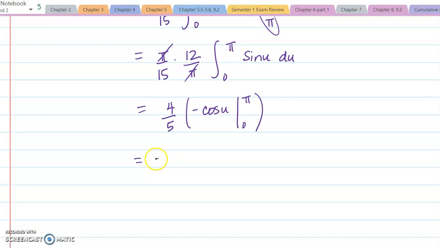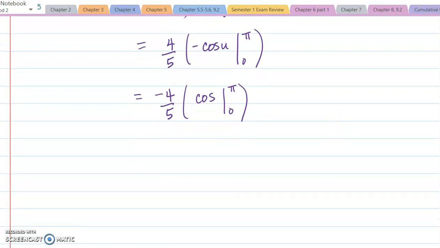I'm going to throw the negative on the outside just so I don't have to worry about the negatives here. Remember, evaluating integrals, you evaluate, whoops, I forgot a u. You evaluate the expression up high minus the expression down low.